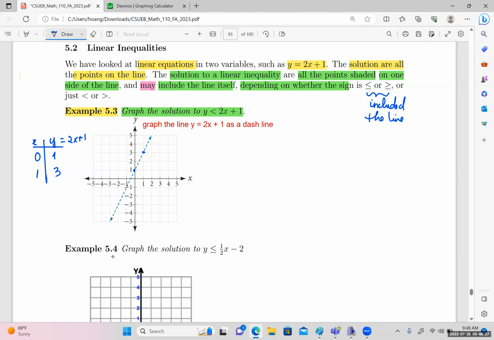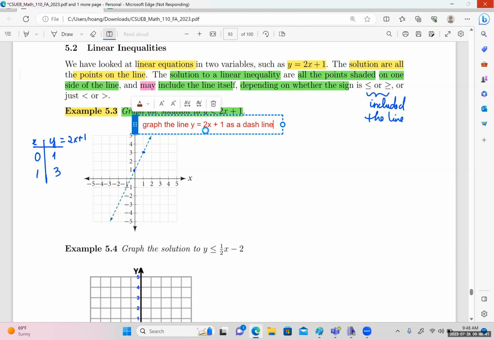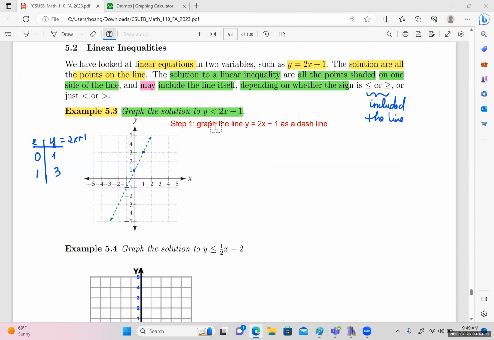So now how to check that? Maybe I'm going to say this is step 1. Step 1 is graph the line y equal to 2x plus 1 as a dashed line, since I don't include the line, as I have strictly y less than 2x plus 1, right?